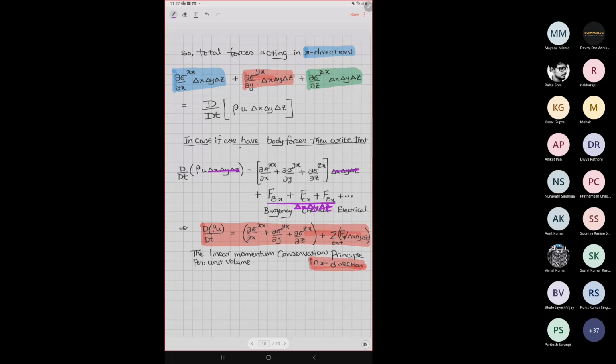That is what we write as d by dt of rho u is equal to the divergence of stress components plus the sum of other external body forces per unit volume acting on the system. This is what we popularly call the linear momentum conservation principle in the x direction per unit volume. We will shortly see this as the Navier-Stokes equation.